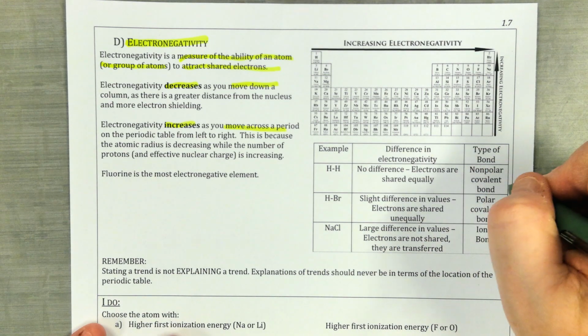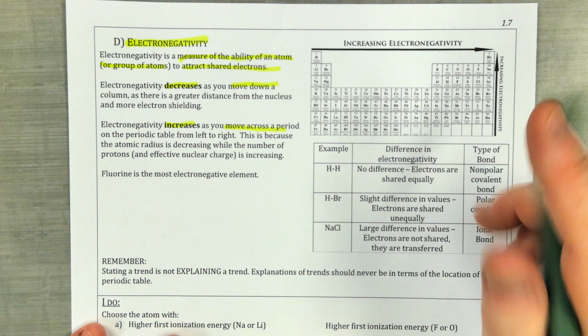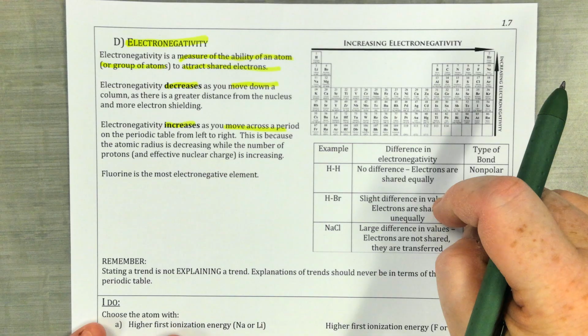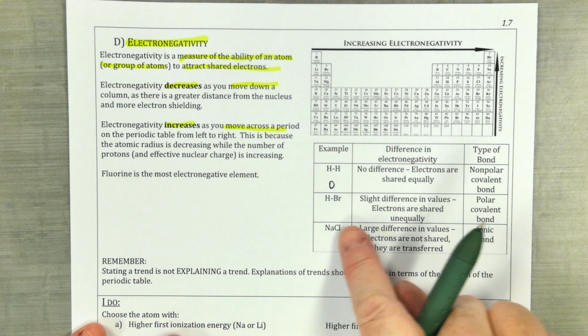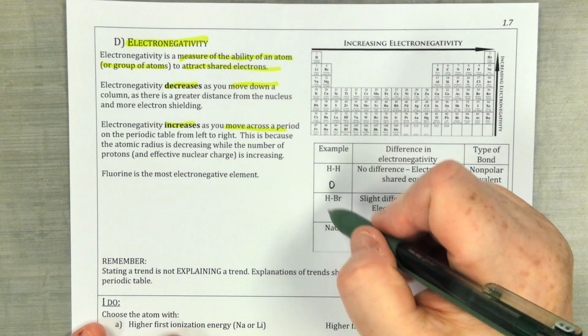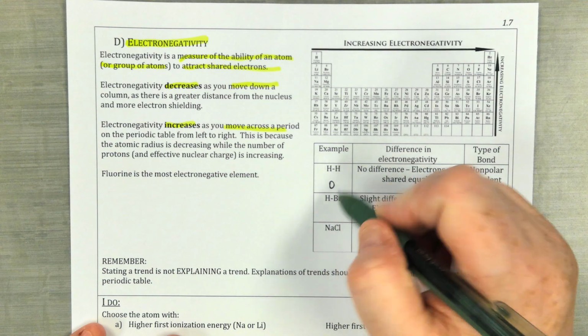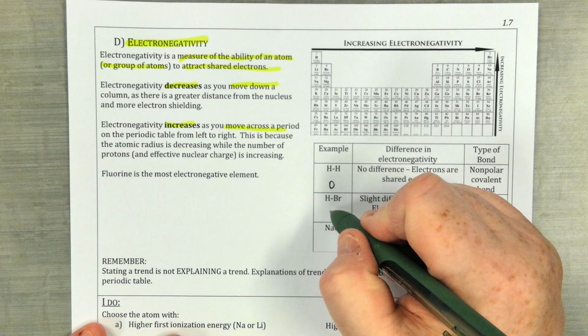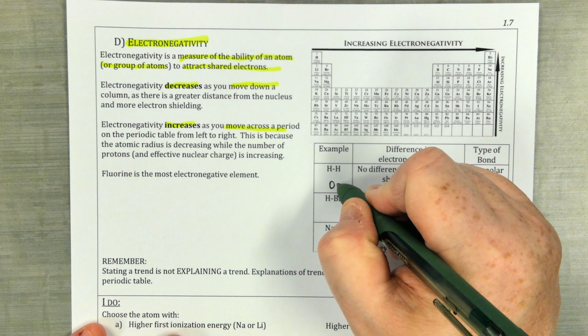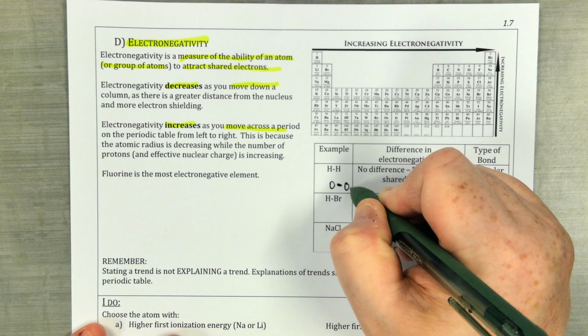So this is where you have 2 of the same element. The electronegativity difference is 0. Okay. Here you got polar covalent. So this is anything from, I would say this is 0 to about 0.4.